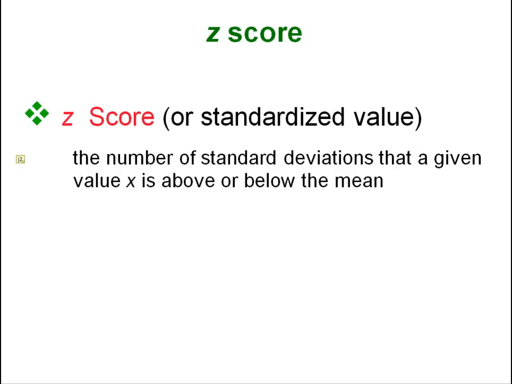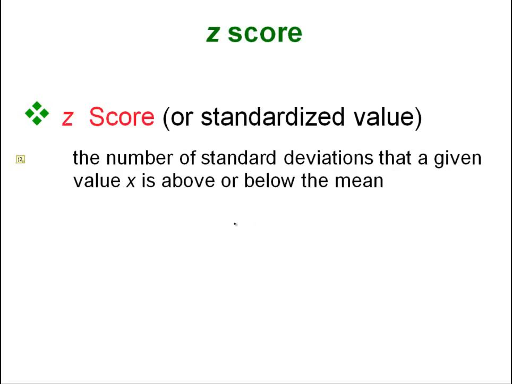Okay, so a z-score is a way of describing how far a number is away from the mean in terms of standard deviations. So let's look at a simple example to highlight what it means.